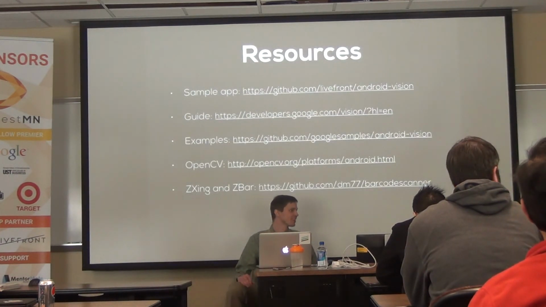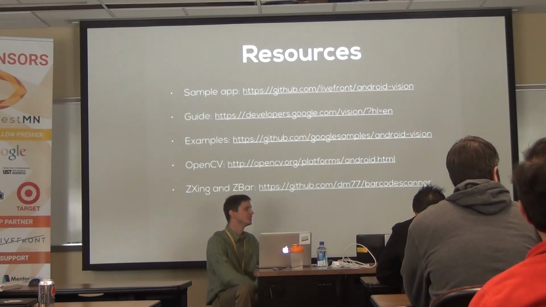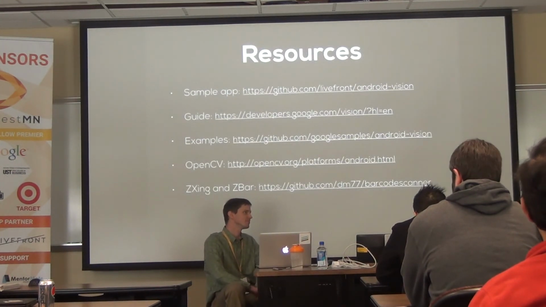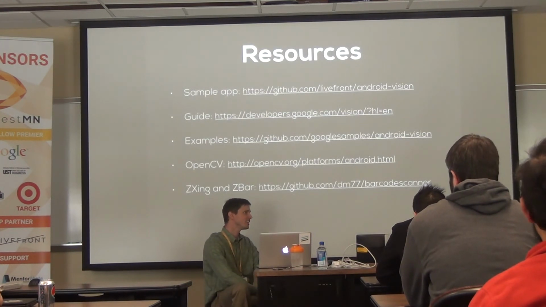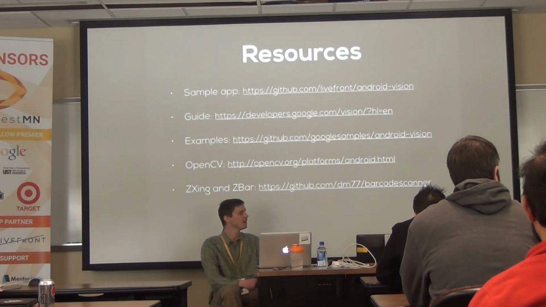Sam? Performance differences between, was it OpenCV or what was the? Yeah, OpenCV versus Android Vision for face detection. Face detection, the face API is pretty fast, as we saw. OpenCV, I think you can make that as slow or as fast as you want, just tweaking how accurate you want.